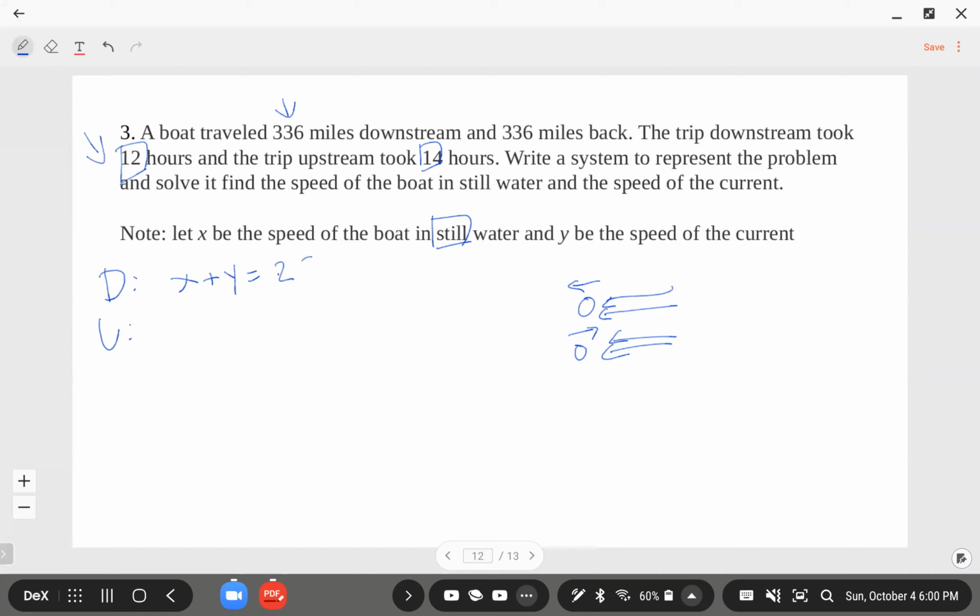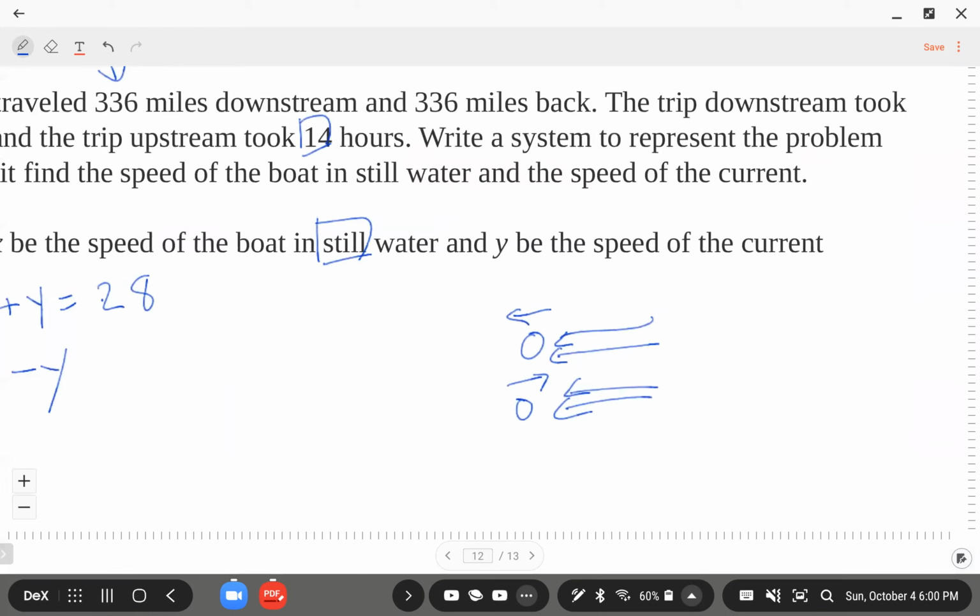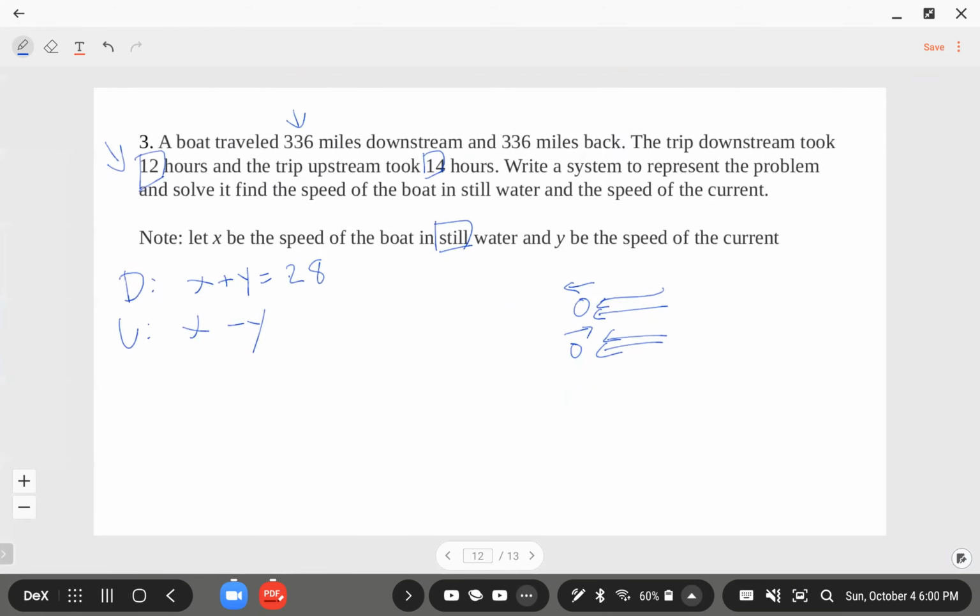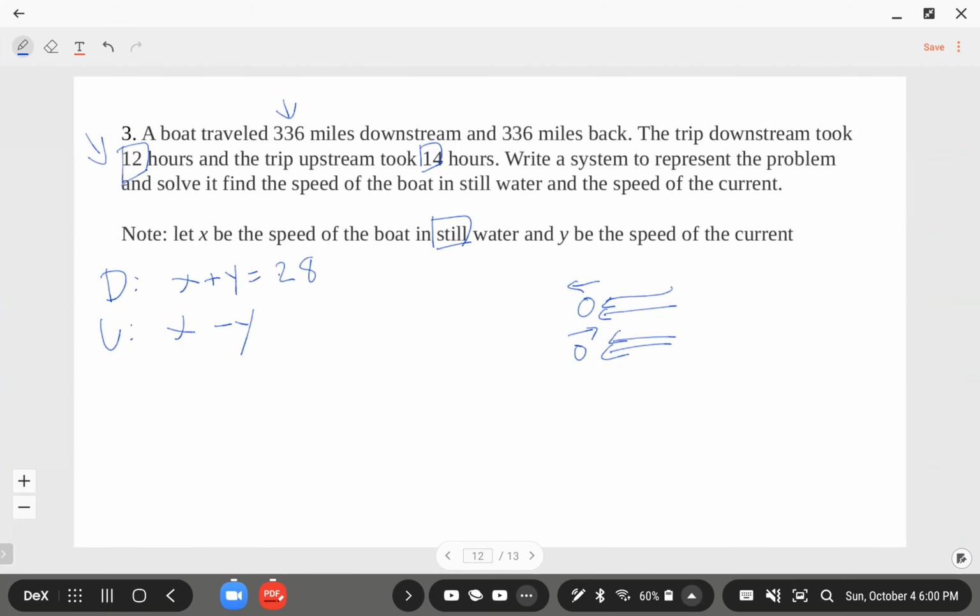It is 28. And the other equation, the current is going against you because you're going upstream, right? So that's why we have to minus y from our equation because the current is stopping you from going that fast. That's why the upstream trip should take longer, and it indeed is.